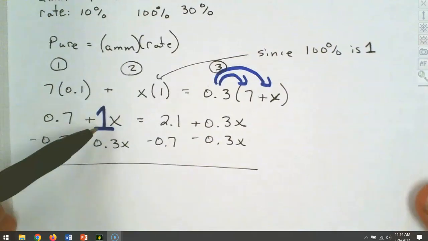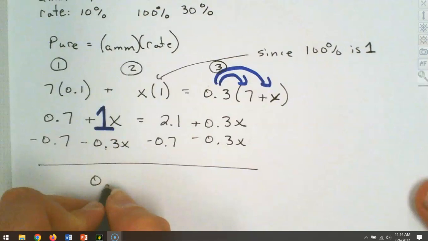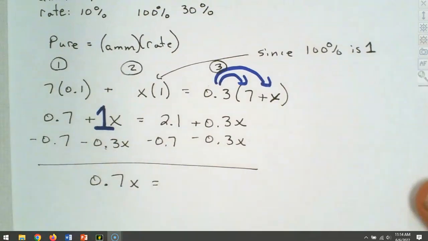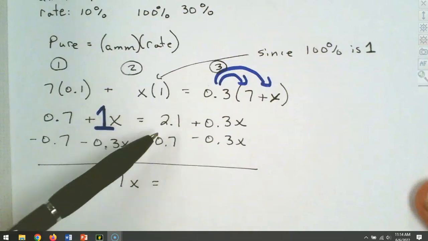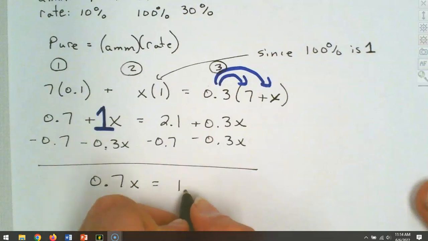Now, be careful with our decimals. So 1.0 minus 0.3. When I subtract those, that comes out to be a positive 0.7x. 2.1 minus 0.7. That should come out to be a 1.4, I believe.